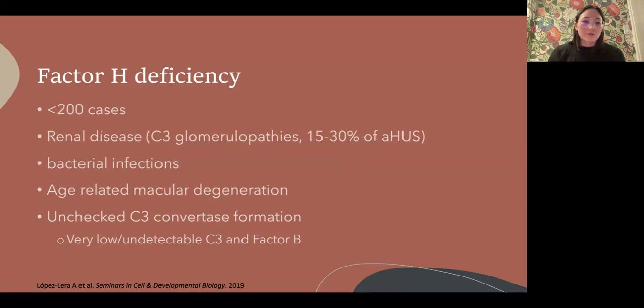And then for factor H, similar presentation. It's interesting that 15 to 30% of patients with atypical HUS will have a defect in factor H. It can also result in age-related macular degeneration due to unchecked complement destruction. And then the reminder about factor H is that it really depends on what surface you're talking about.